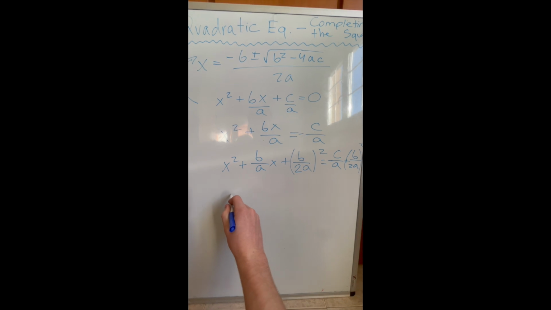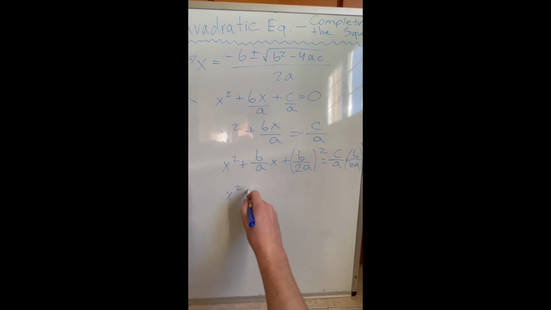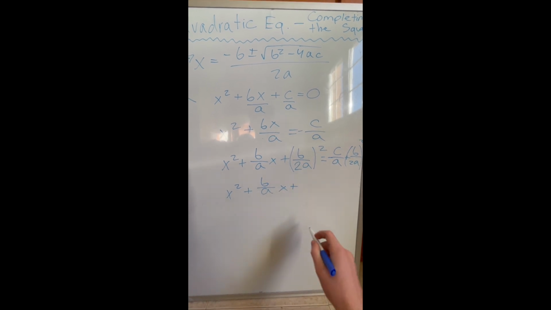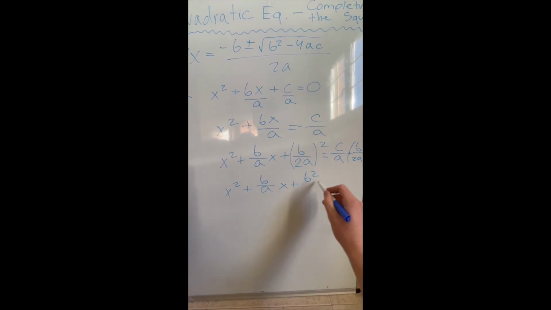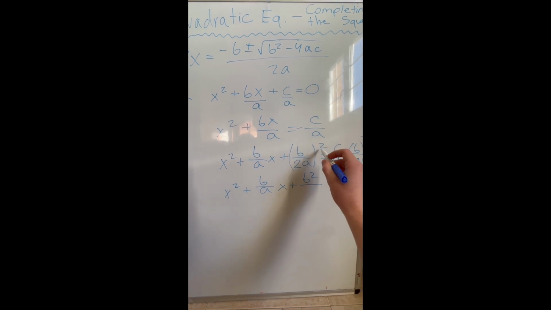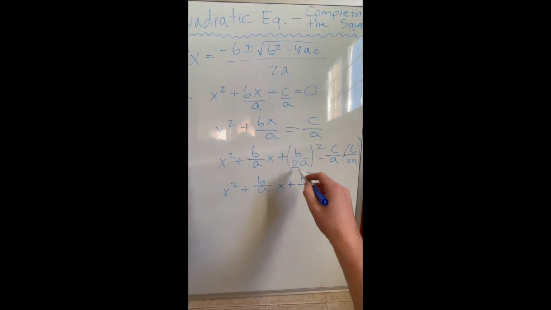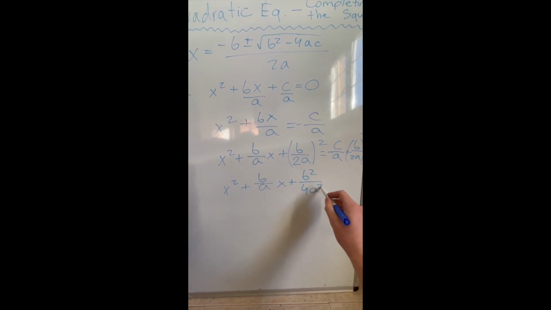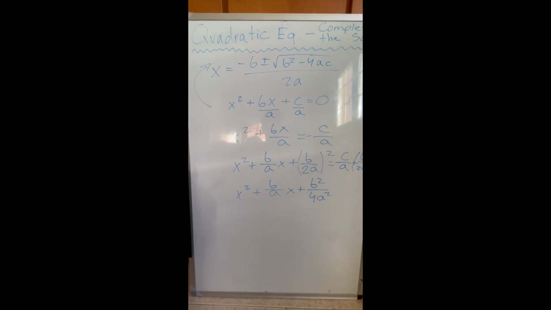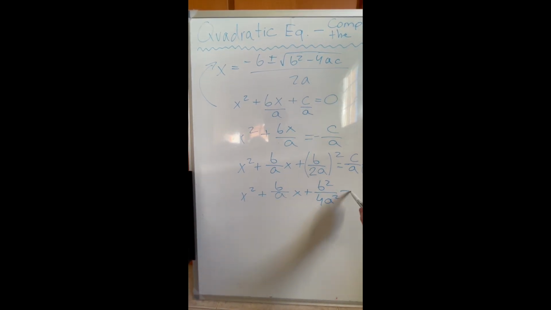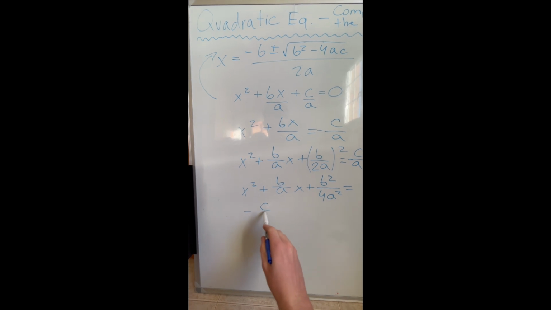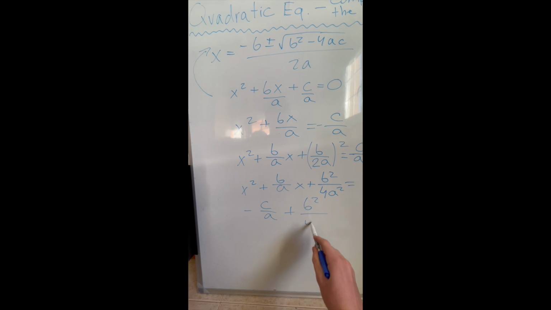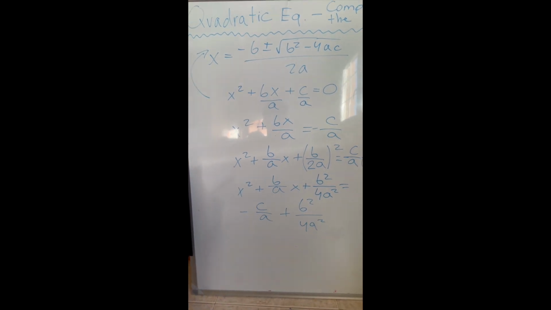We obtain that x squared plus b over a x plus b squared over, you also have to square the numerator and the denominator, so 2 squared is 4, and a squared is a squared. This being equal to minus c over a plus the same thing that we obtained here, b squared over 4a squared.